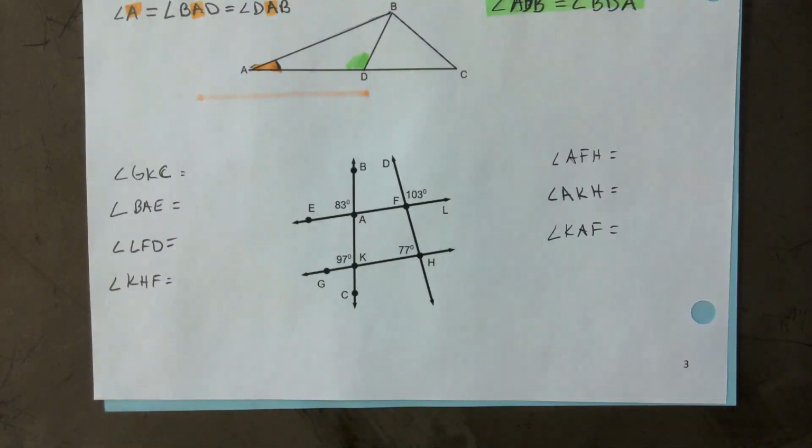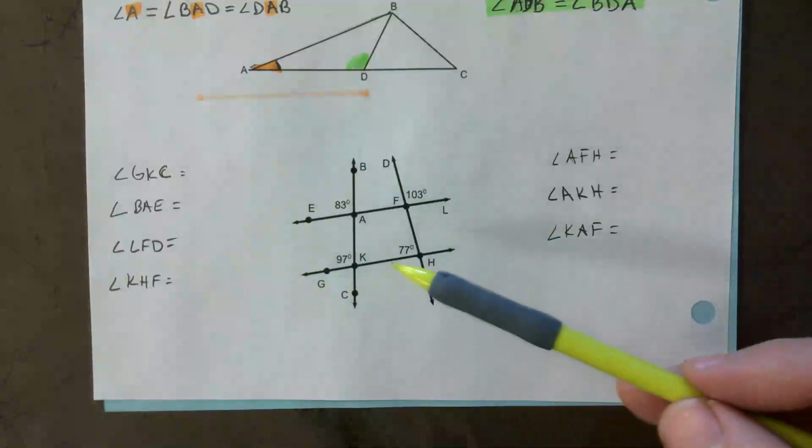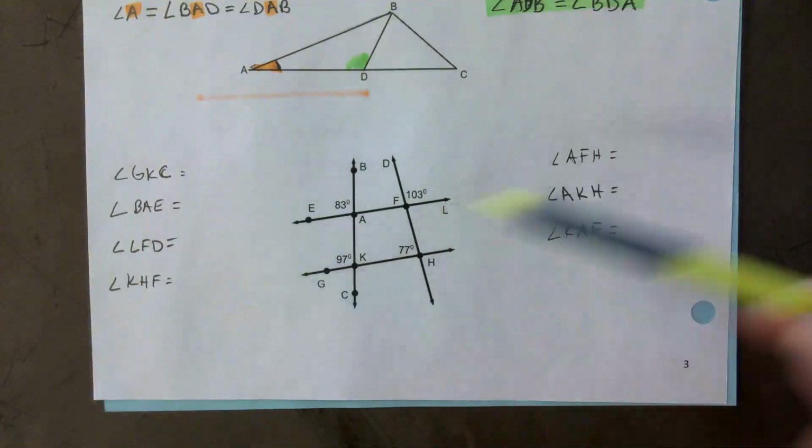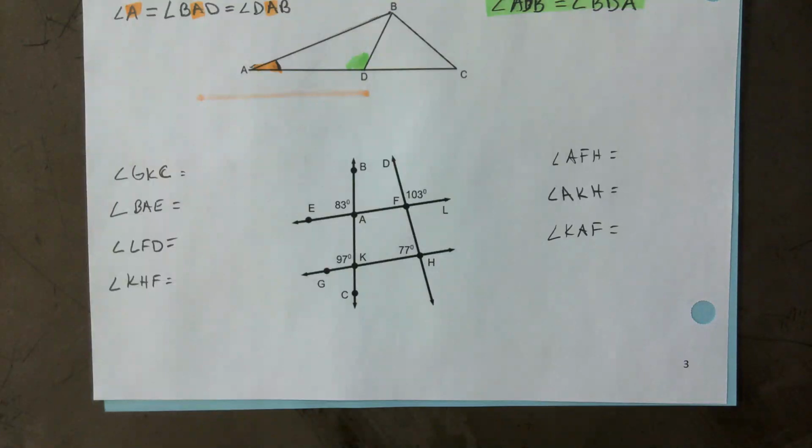All right, I want you to use this diagram and actually put numbers down here. And if you need to consult with your neighbor, that's fine. I'm not going to take too much time on this because I will review it later on again.